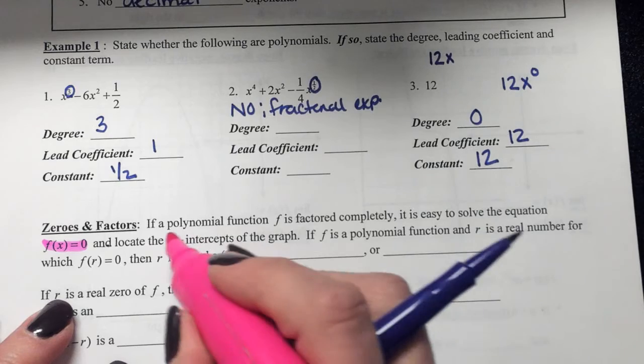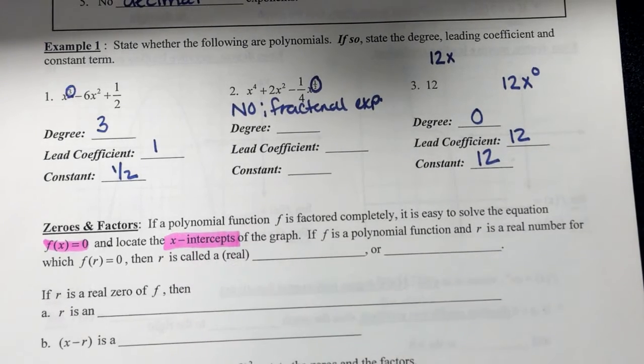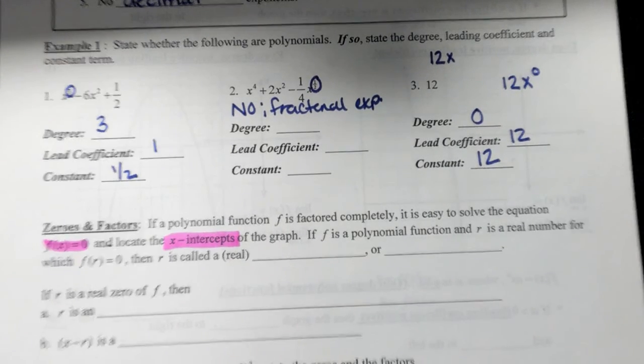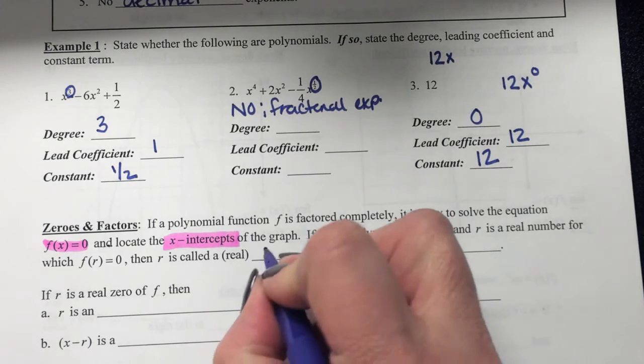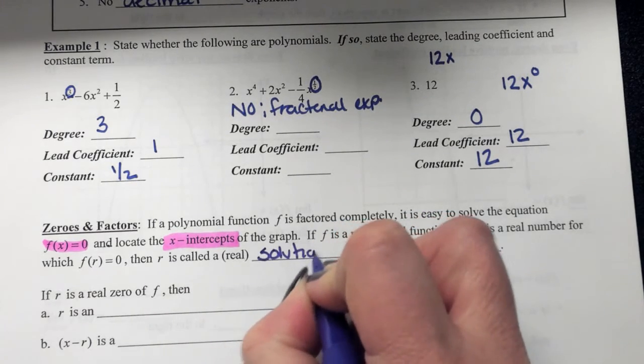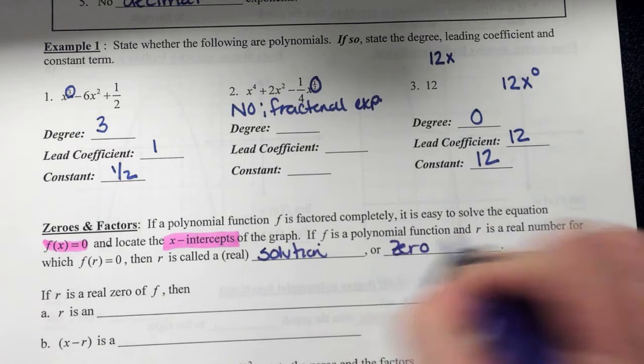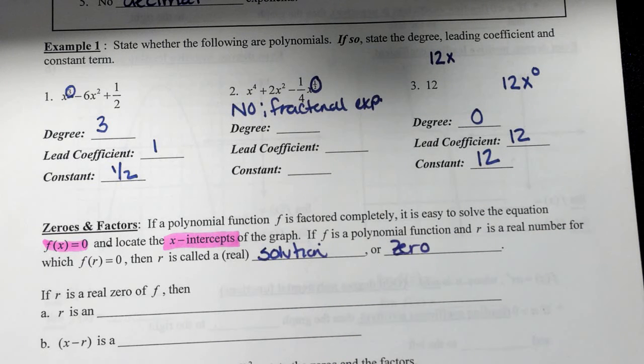And then remember, the zeros are the same things graphically as your x-intercepts. So when you solve, you're actually finding the x-intercepts. When you do your solving, this is called a real solution or zero. Remember, we're not dealing with imaginary solutions anymore. The i's are gone. All we care about are the real solutions.